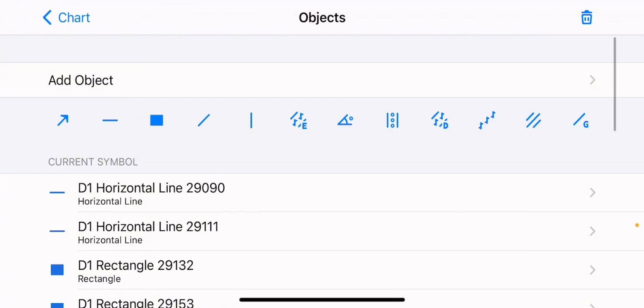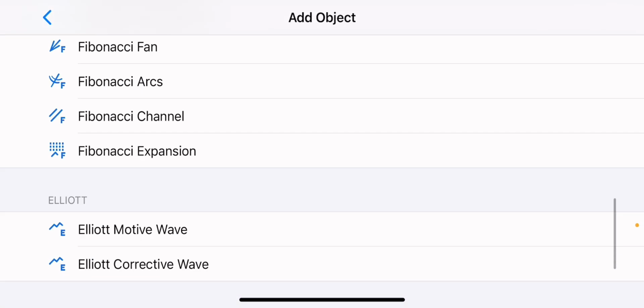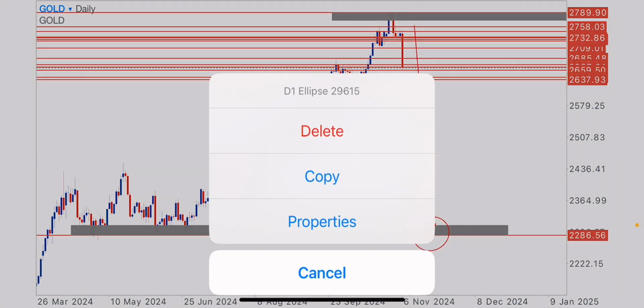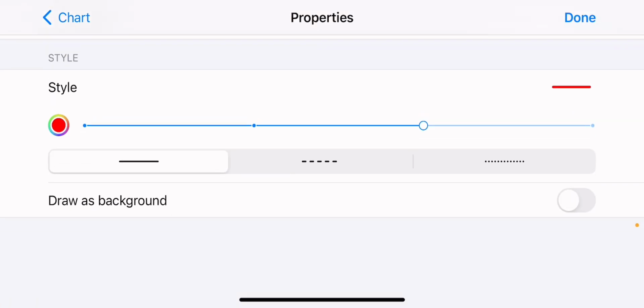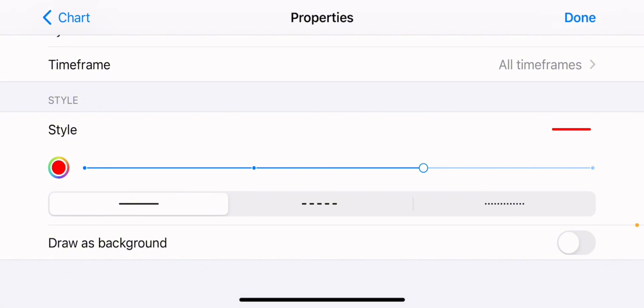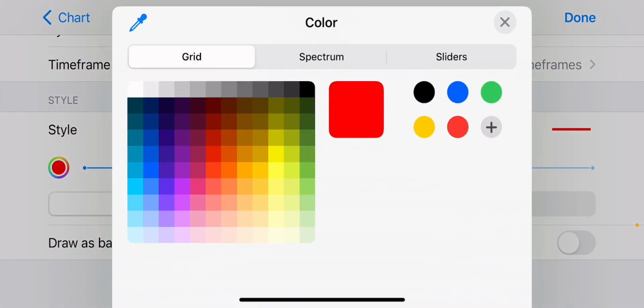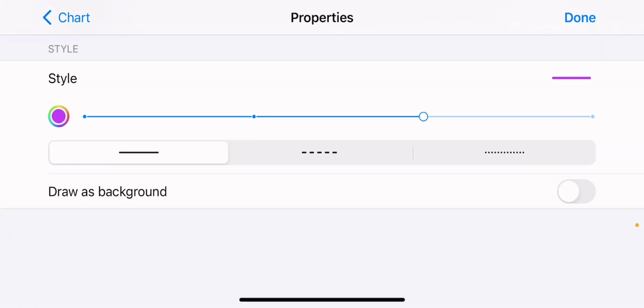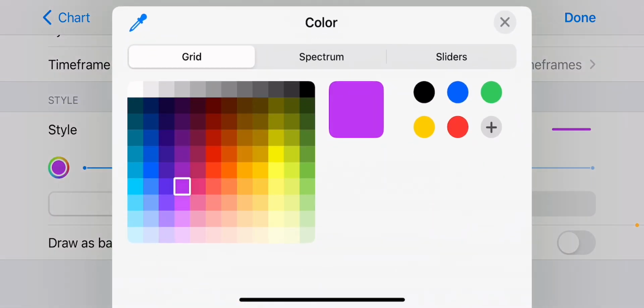Let me just add this zone here. The market has to reach this zone, let me just fill it in. Let me use a brighter color so it can be visible.